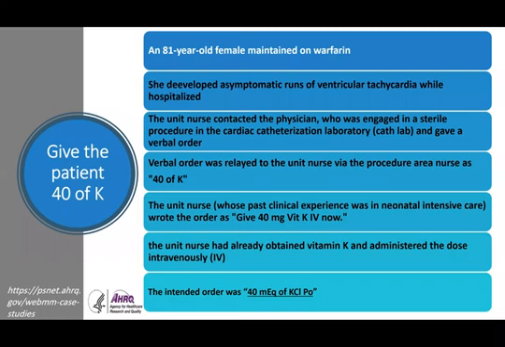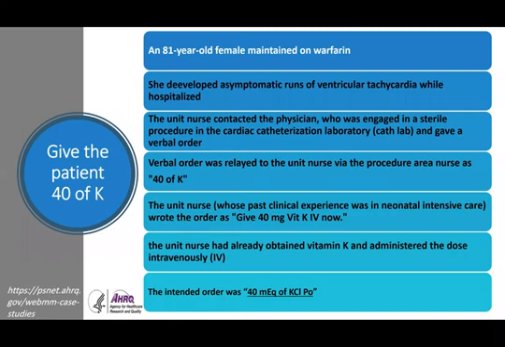The unit nurse happened to have been pulled out from the NICU that day, and she was not a full-fledged nurse in the adult ward. She was in the NICU, and on that day, because of a staffing shortage, she was pulled out. When she heard this 40 of K on the telephone, she wrote down in her notes, give 40 milligrams vitamin K IV now.